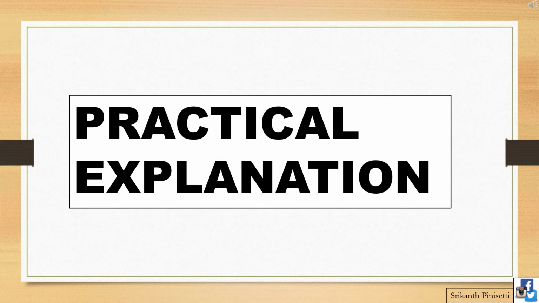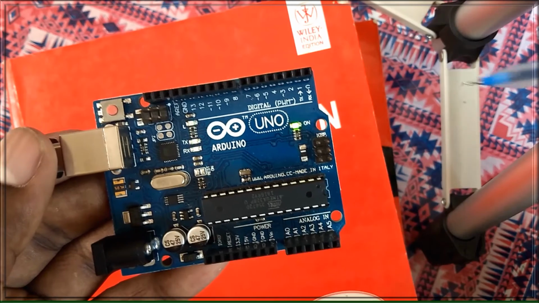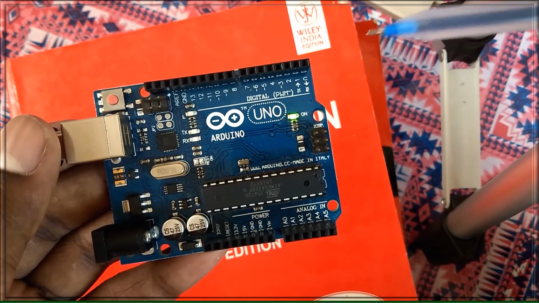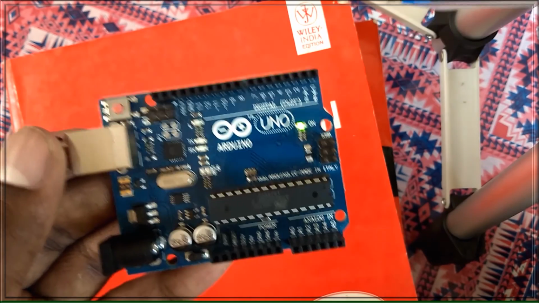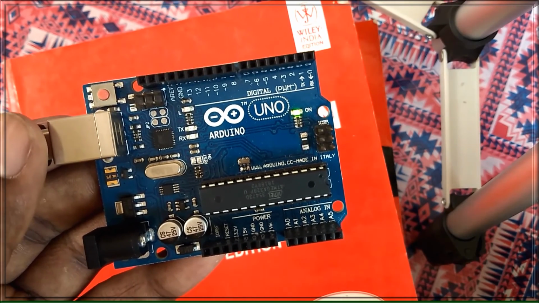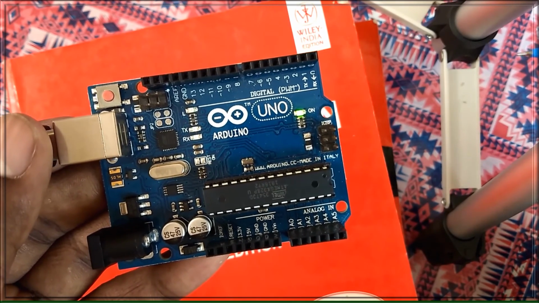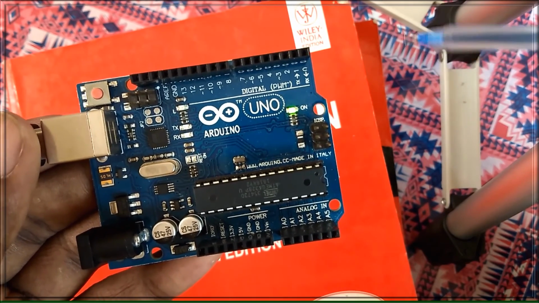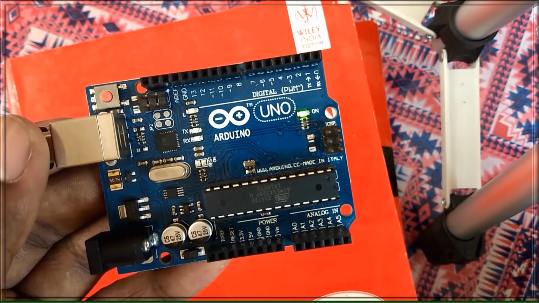After all this, we'll control an LED or a motor, etc. Okay, we'll start our practical section. Guys, on this Arduino Uno board, in the digital pins, you can see TX and RX on digital pins 0 and 1. For serial communication between your computer and your Arduino board, the TX and RX pins will get activated. This is known as serial communication. Now let us perform the operation.